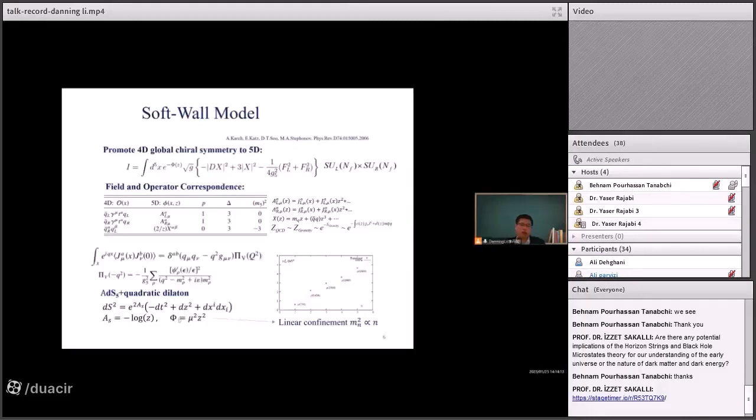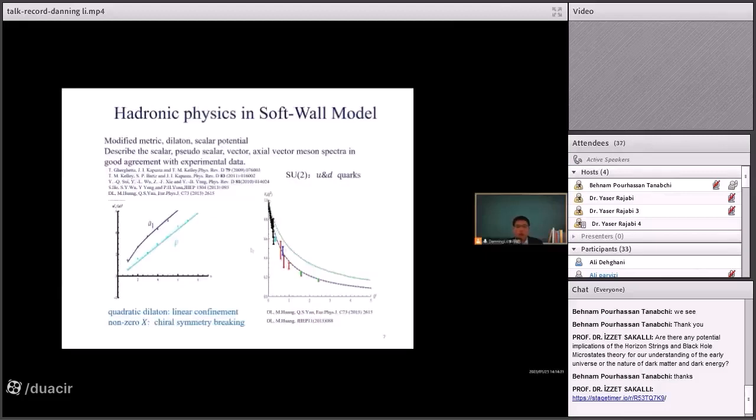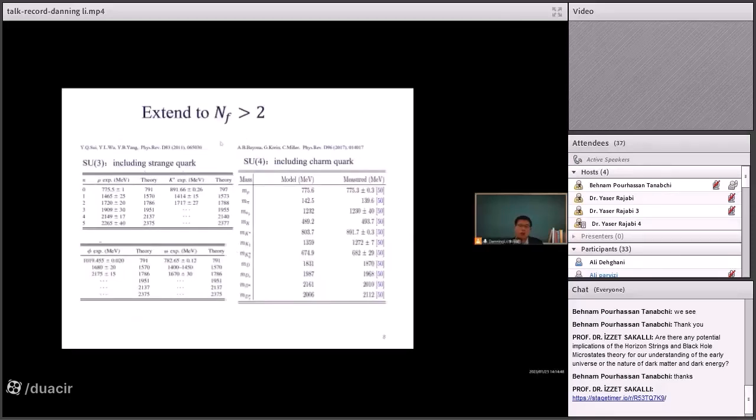In the original soft wall model, they use the AdS5 metric and input a quadratic form of the dilaton field in order to describe the linear confinement, the linear behavior of the mass squared. So roughly they can describe the experimental data. And later, more extensions of the soft wall model were proposed to describe other physics, like form factors, and to extend to more flavors by including the strange quark and the charm quark.